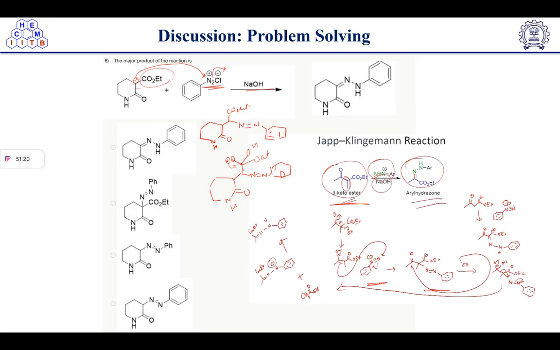Sorry. This will push electron and this group will knock out because this is a better leaving group compared to the ethoxy ion.